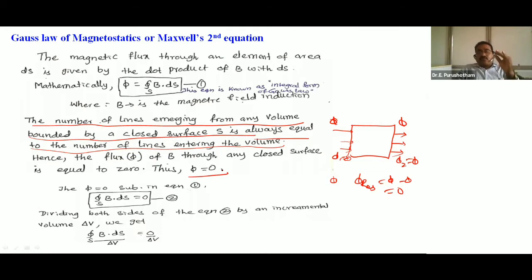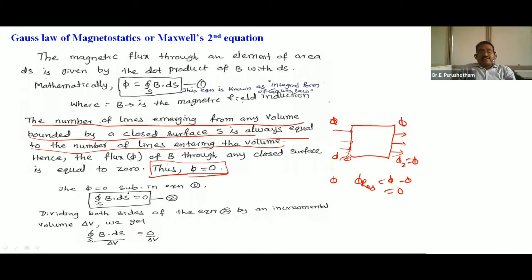So the magnetic flux entering the material is equal to the emerging magnetic flux. Hence the flux of B through any closed surface is equal to 0. Thus, the magnetic flux phi is equal to 0.